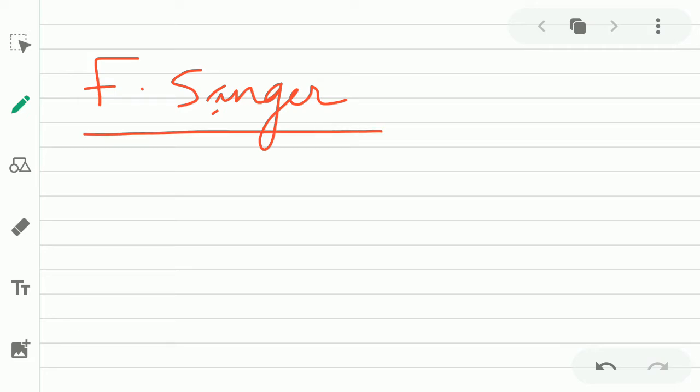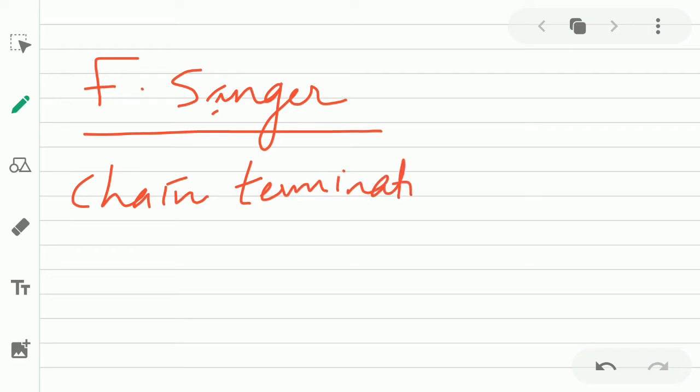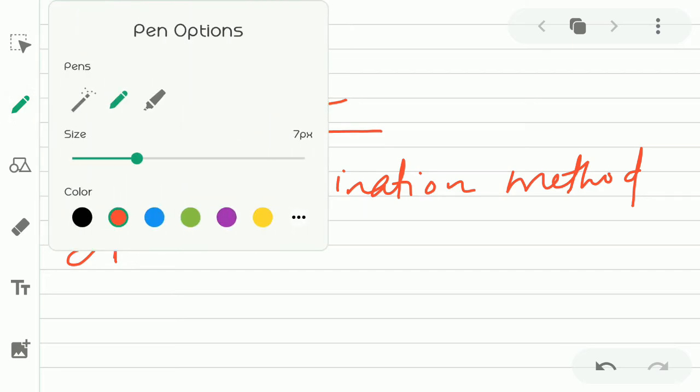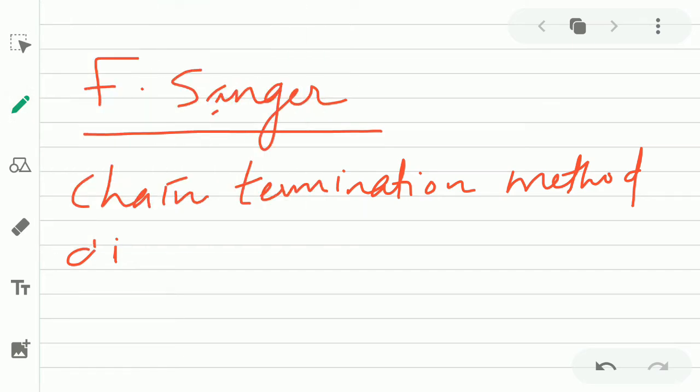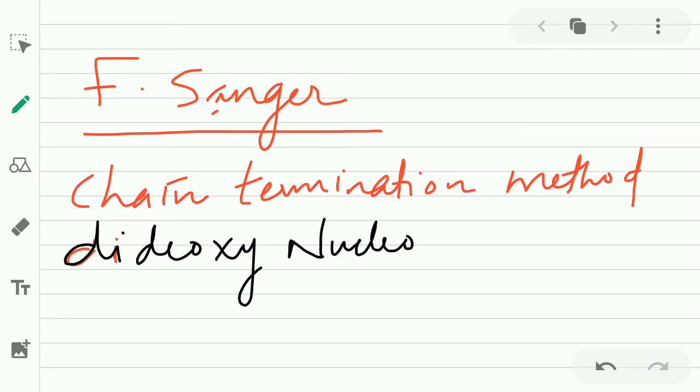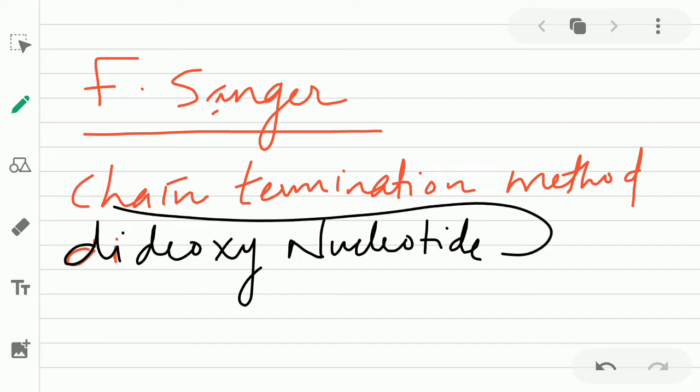This technique is known as the chain termination method. It is also known as the dideoxy chain termination method, or the dideoxy nucleotide chain termination method.